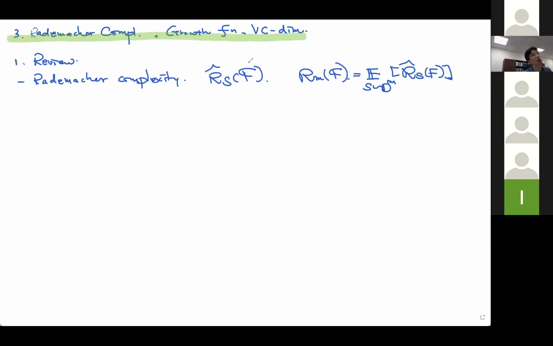It's really saying: whenever we choose a direction randomly, can we point to the same direction using some function in F with respect to the inputs specified by S?